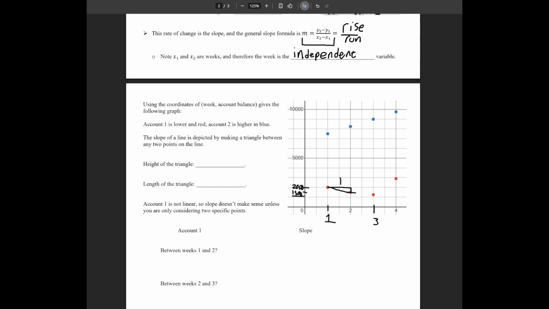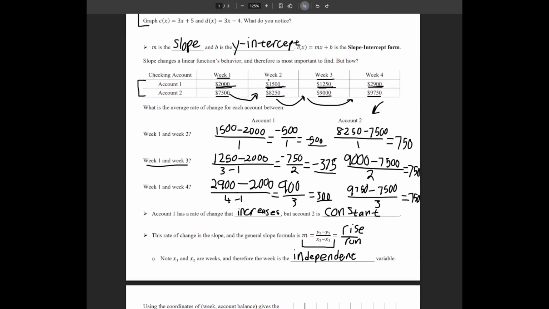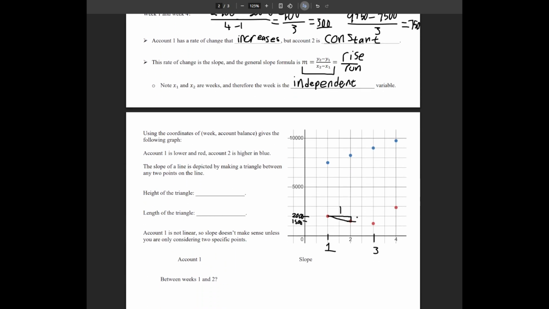And again, I knew these values because this is what our problem told us before. So our height, again, as crazy as this scaling looks, would be 500. All right, so the height of our triangle in this case will be 500, and the length will be 1.